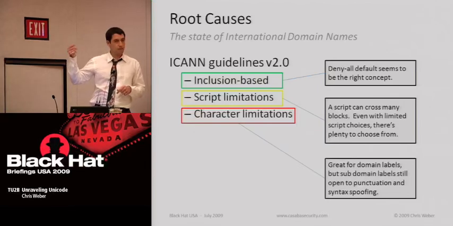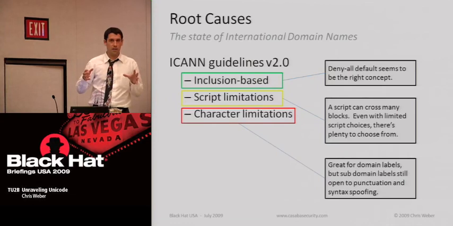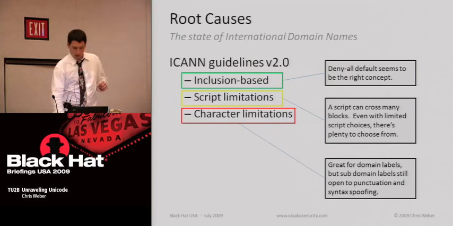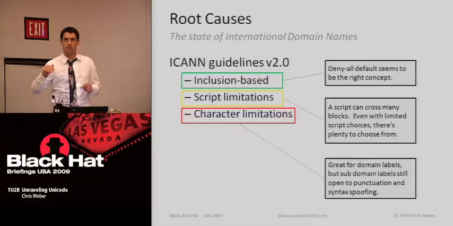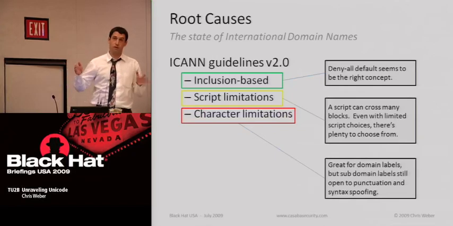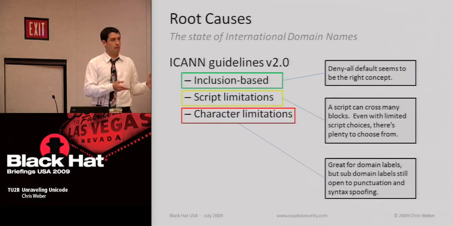However, as you saw with that spoof, there's actually characters within the Latin label that look alike. And then they try to actually limit characters, like blacklist characters, and this is at a policy level. So we're definitely not going to allow symbols like slashes and question marks and things like this to appear in domain names, which is all good until you get out of the domain name and into the subdomain level. And once you get into the subdomain level, you can start playing a lot of tricks.